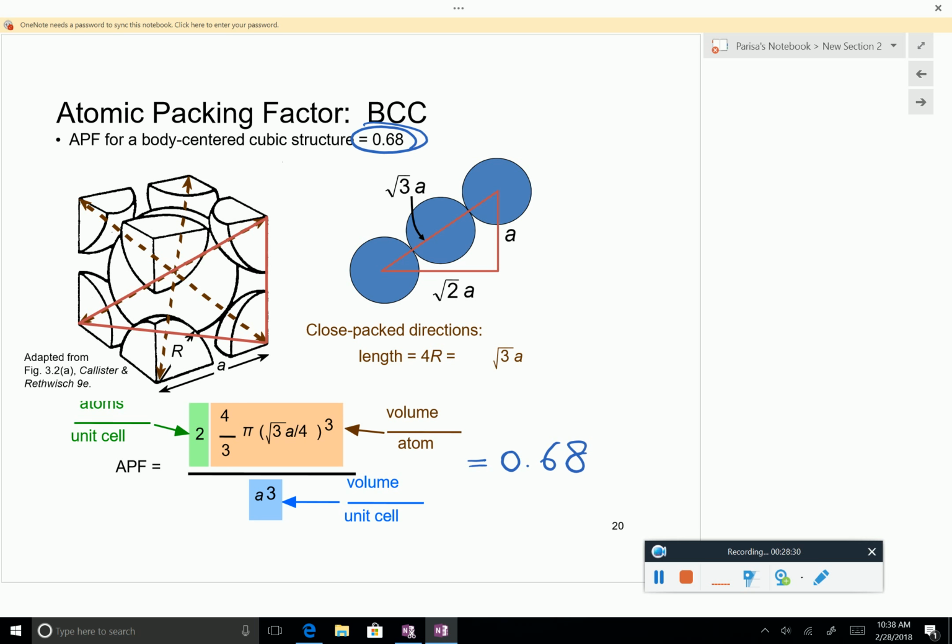Body-centered cube, because APF is higher. Yes, everyone listen to what I just said? So APF has a close relationship, as you will see very soon, with density. Because it tells you how much matter there is inside the material.